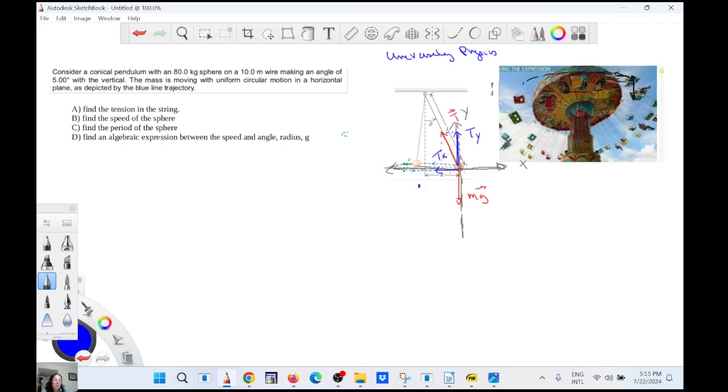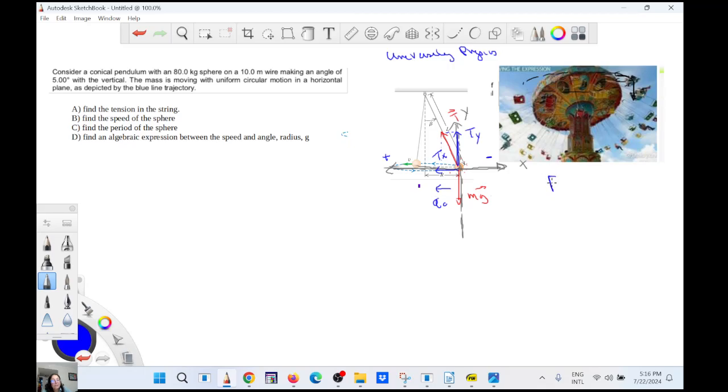So in a circular motion, you always take the X-axis along the r, and of course the acceleration will be the centripetal acceleration, centripetal meaning toward the center. We can decide to take this way to be plus, this way to be minus, always in the same direction as the acceleration.